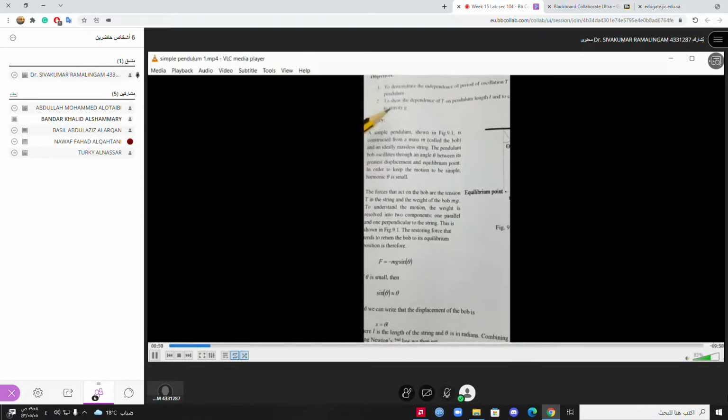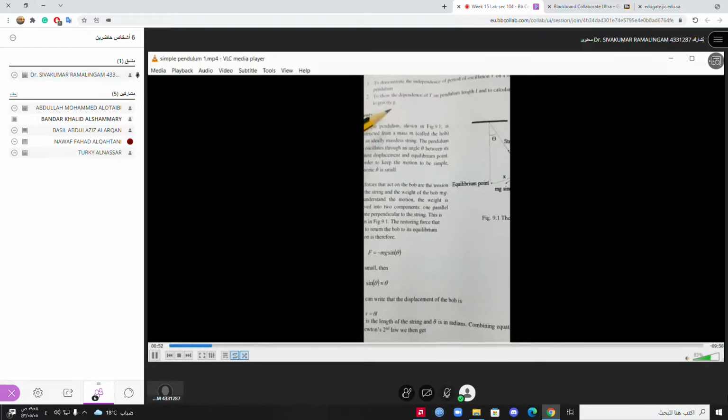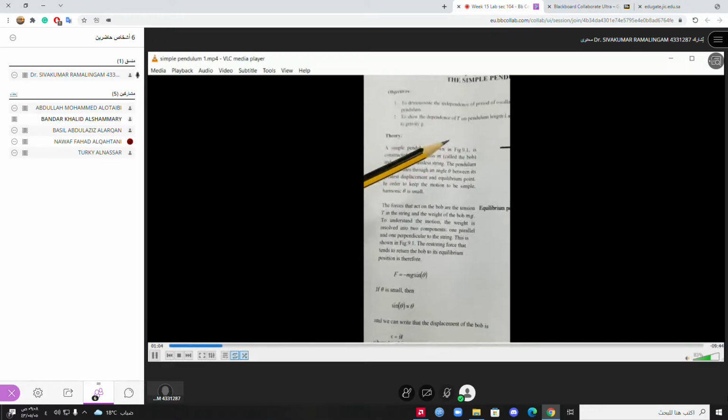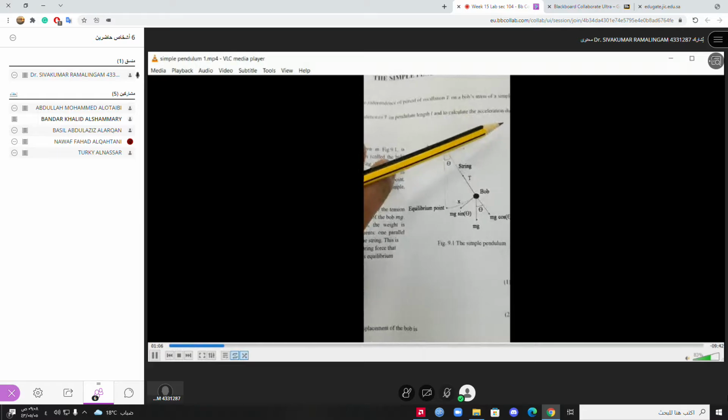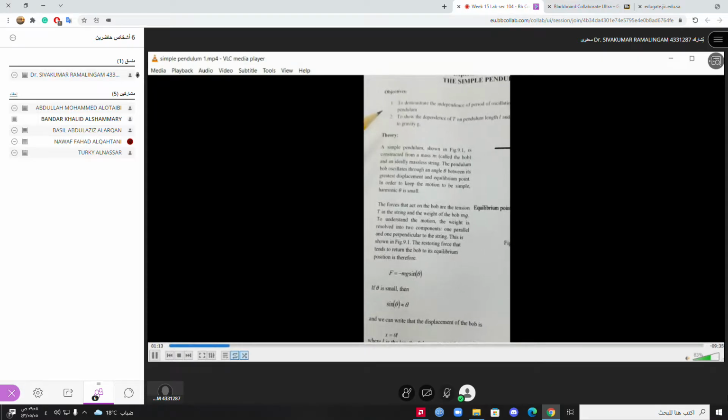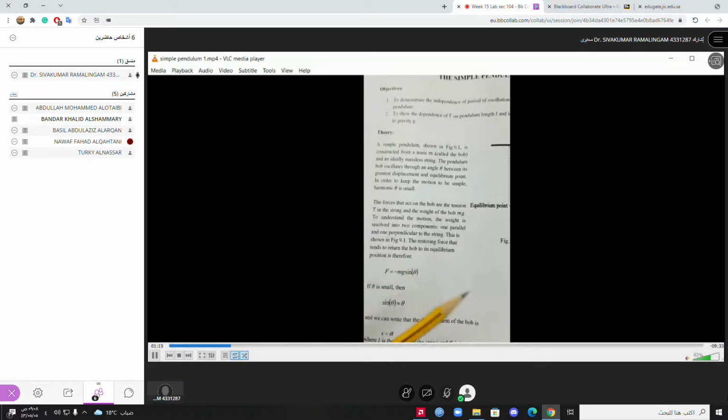Objective number two, to show the dependence of T, this time period, on pendulum length. L is the length of the pendulum. If T changes with the length, we are going to show this relation in our experiment and then use this relation to calculate the acceleration due to gravity. These are the two objectives of our experiment, and first let us take the first part.